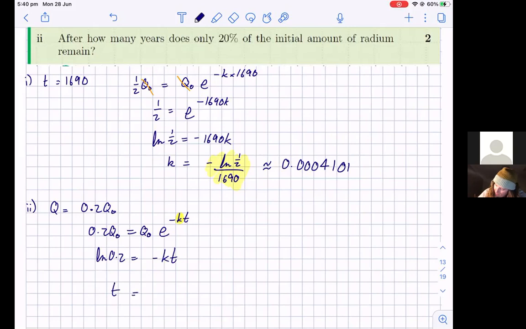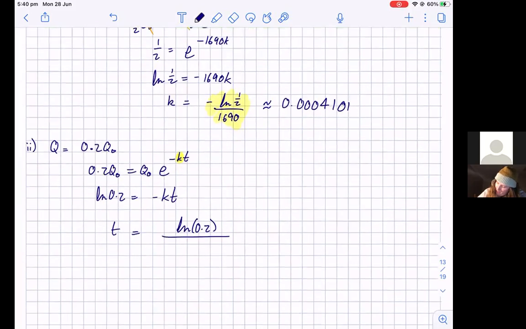So t equals ln of 0.2 over minus k. So t is, and I'm just going to chuck that straight in my calculator, ln 0.2 over minus answer, 3924.06 years.